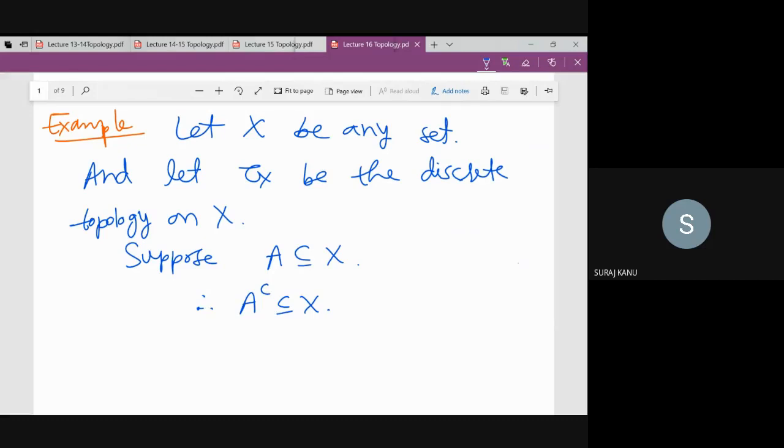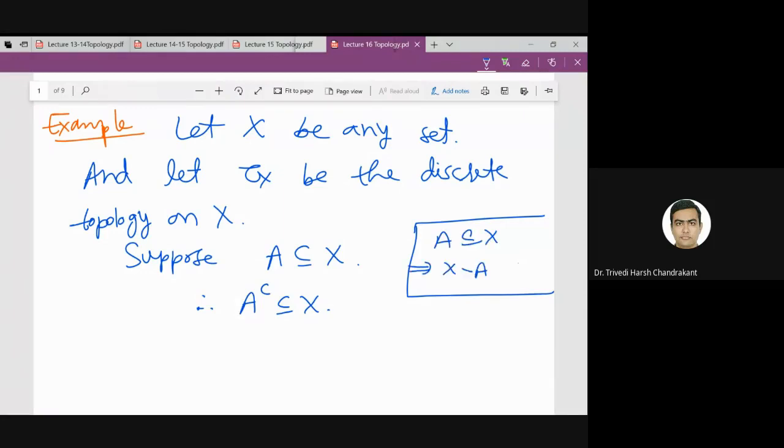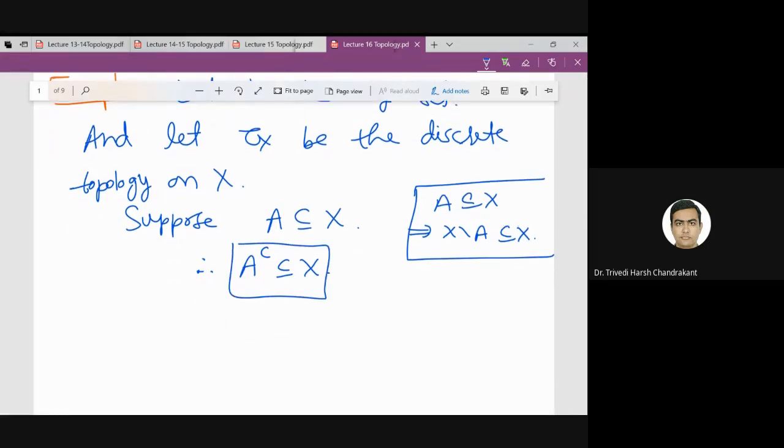If it is the discrete topology, then yes, because all the elements of the power set will be there, so complements will be there. But the question was that A is a subset of X, then whether X minus A is a subset of X. That is always true, right? Because if A is a subset of X, then if I remove the elements of A from X, it is still a subset of X. So therefore A complement is a subset of X, and then we know that every subset of X is open.